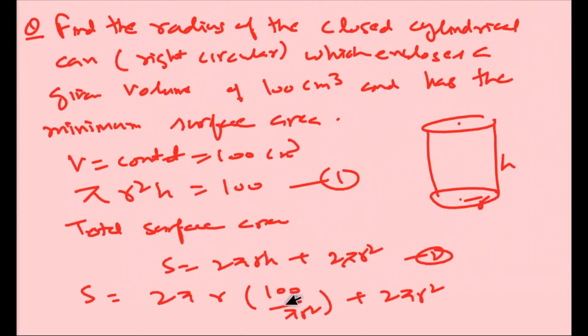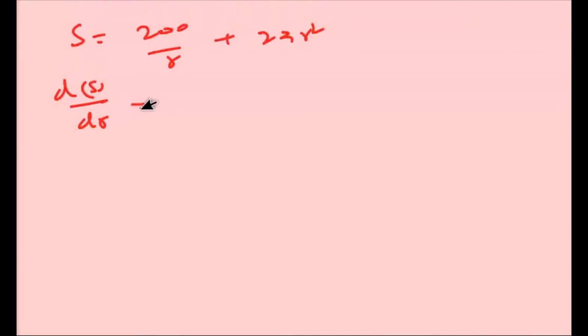That will be easy that you think yourself. Okay, so now pi is cancelled, 1 r is cancelled, so there is 200 upon r, and here is plus 2 pi r square. So we can say s equal to 200 upon r plus 2 pi r square. This is your required equation. Now ds by dr, taking this minus 1 r to the power minus 2 plus 2 pi into 2r.